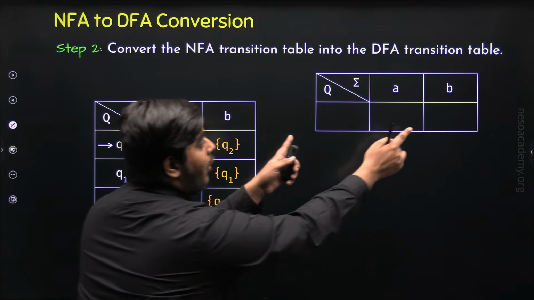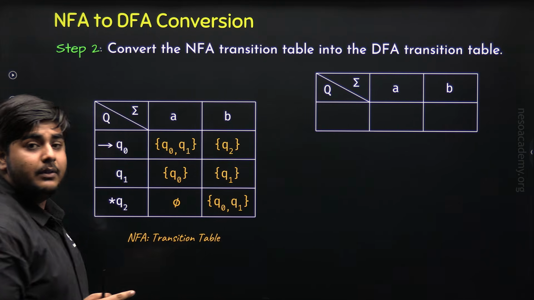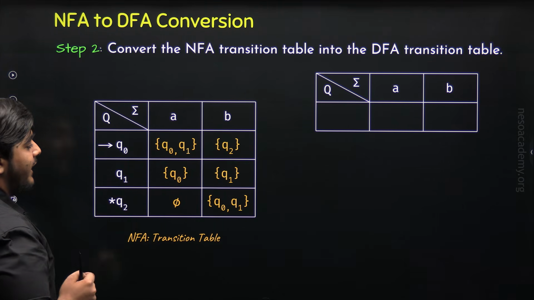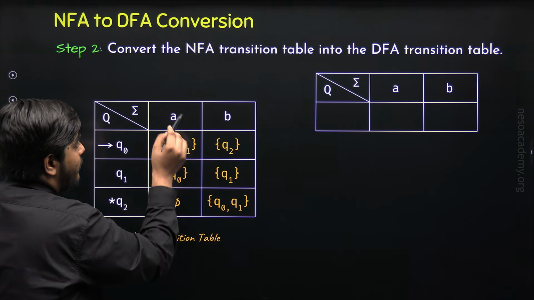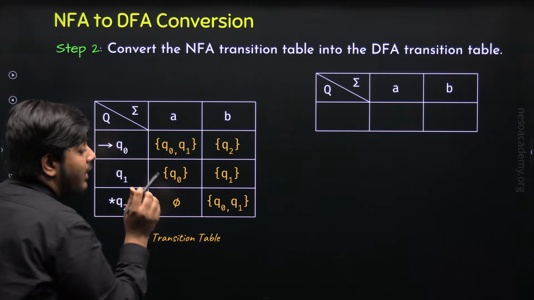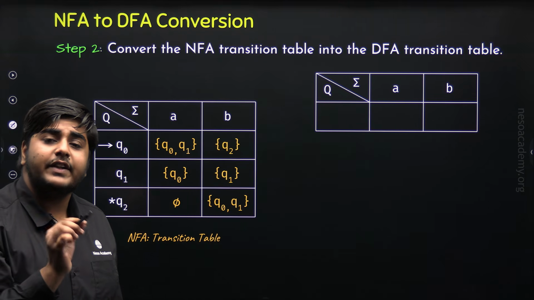So the first row of the DFA table will be the same as the first row of the NFA table, but with a few necessary changes. In case of the NFA table, you can see here we have the state Q0. On getting input symbol A, we are getting two next states, Q0 and Q1, which is allowed in case of NFA, but it is not allowed in case of DFA.